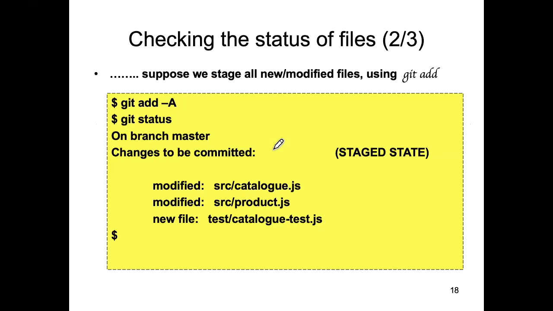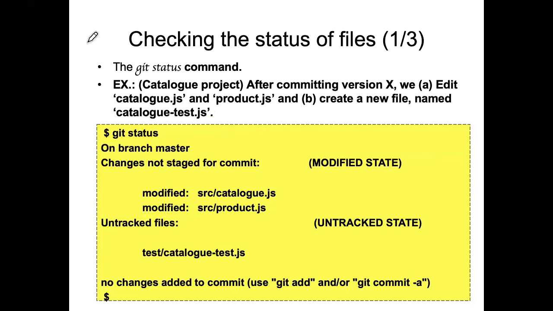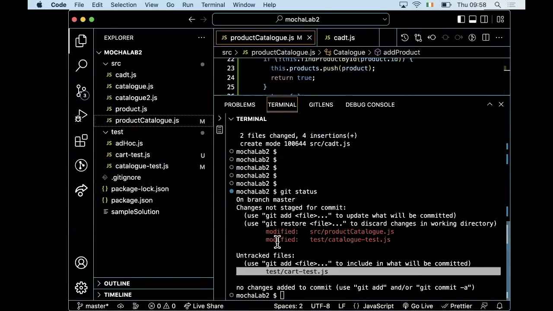And all I'm doing here in these slides is just walking through a scenario. So if this was the status, well, actually, let's do it back here. Okay. So it's telling me that these files are modified and this one is untracked.